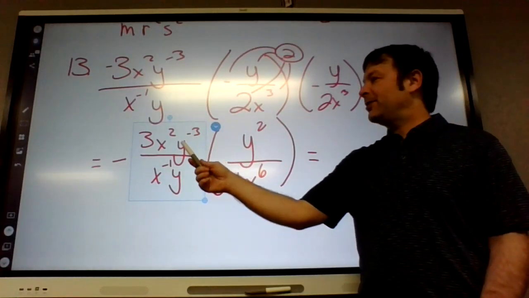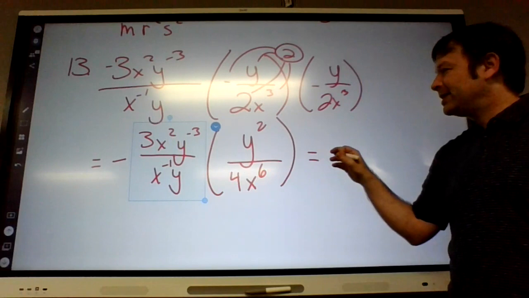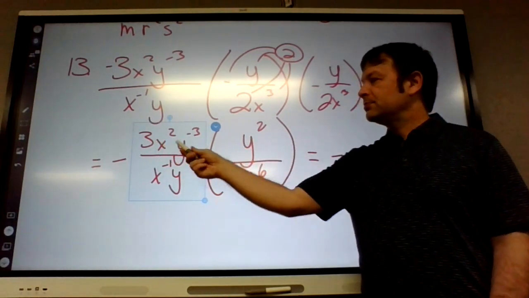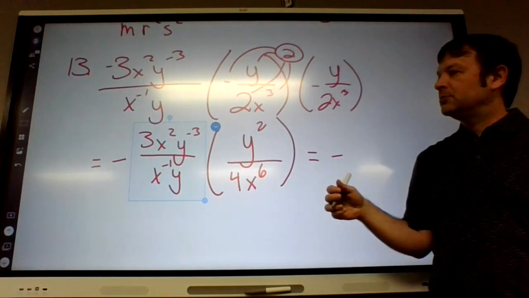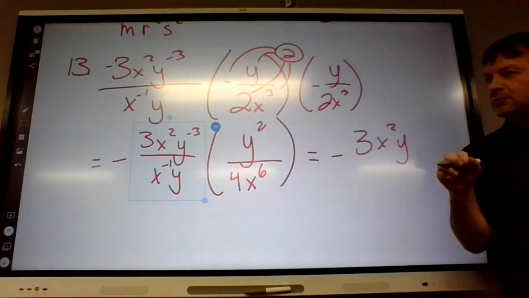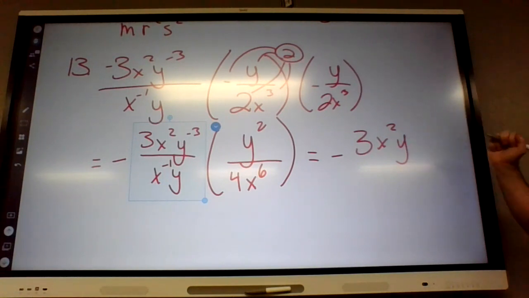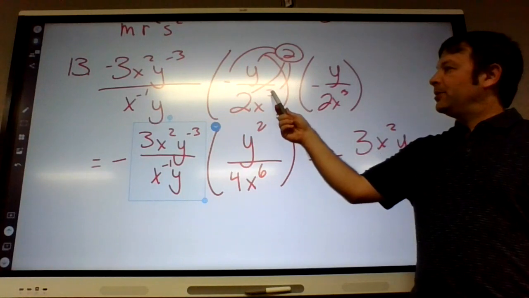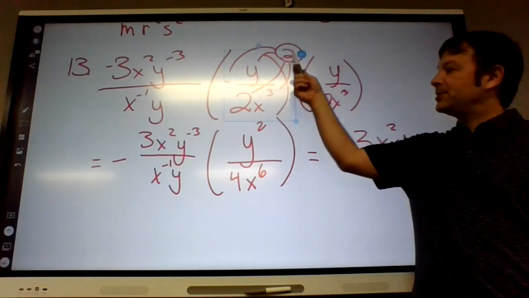So back to Mallory. Mallory, what will the top become if I multiply these two together? Okay, not -6, no. So here we multiplied 3 times 2.